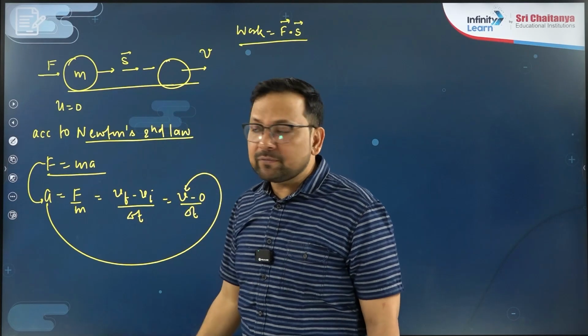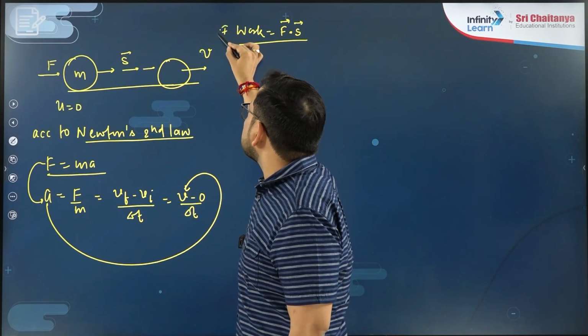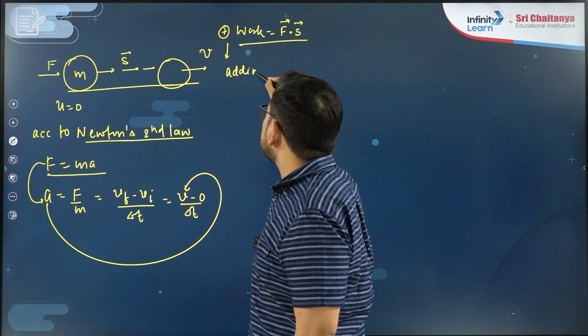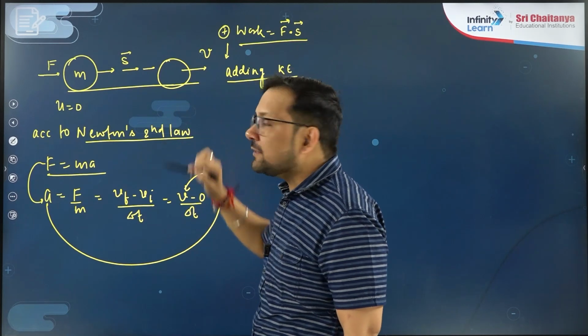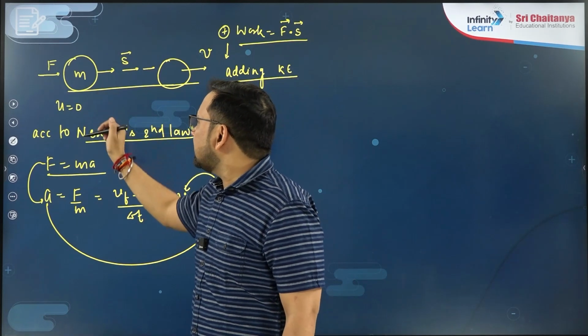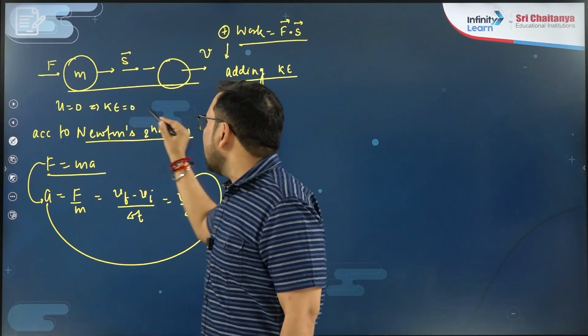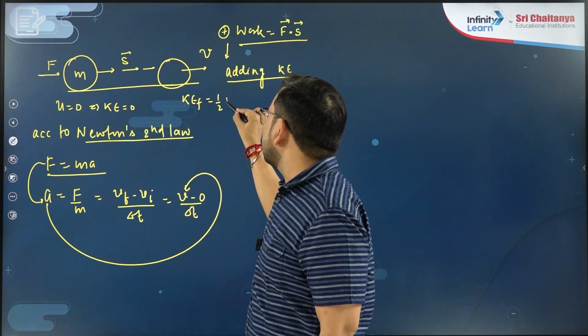So work is positive. Positive work means we are adding kinetic energy. Positive work adds kinetic energy; you can say kinetic energy is being added here. And kinetic energy here, since speed was 0, was also 0. At the final point, kinetic energy is half mv square.